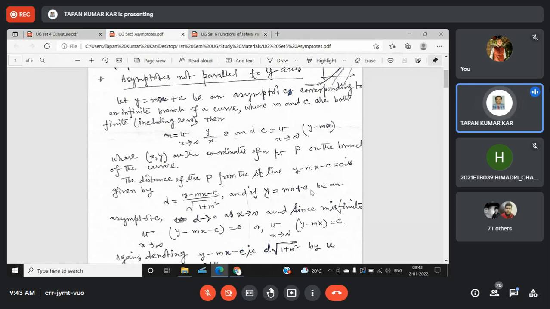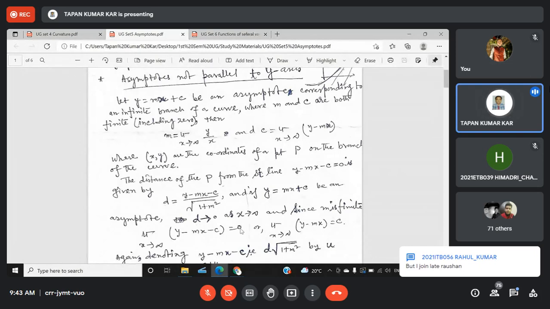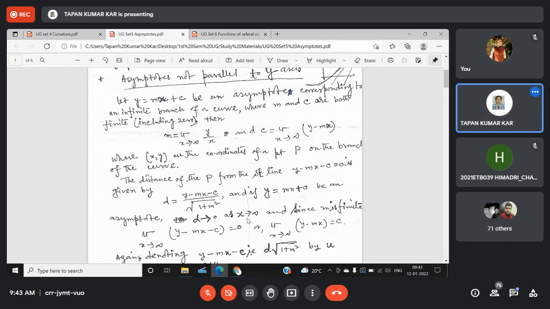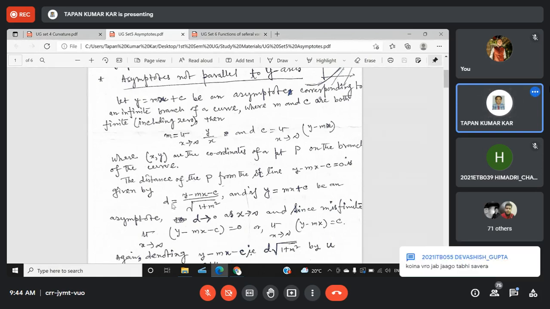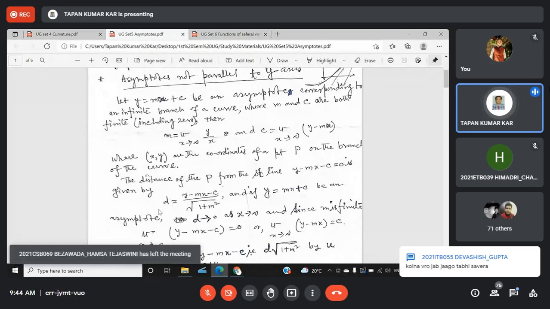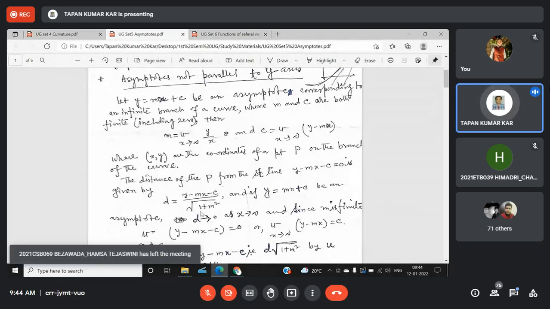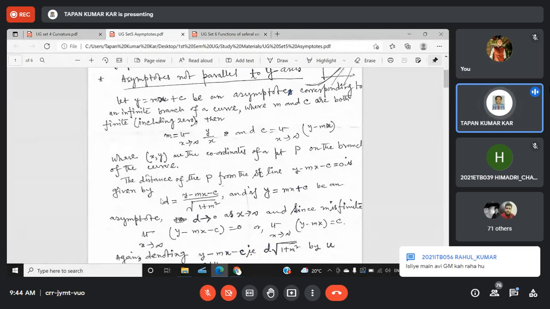If y equal to mx plus c is an asymptote, then what is the criterion? This distance d tends to 0 as x tends to infinity, that is, as the point P moves along the curve. Since m is finite, limit x tends to infinity, y minus mx minus c equal to 0. d tends to 0 means left hand side equal to 0, and root over of 1 plus m square is multiplied to 0, giving 0.